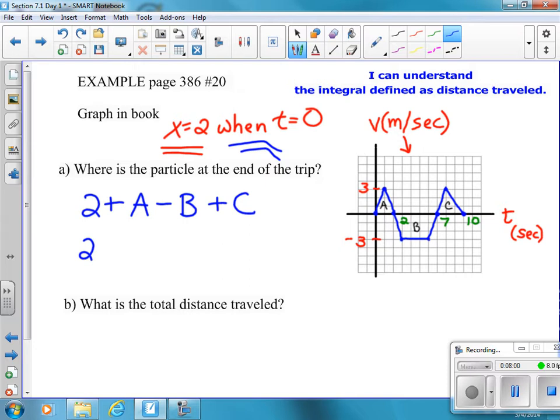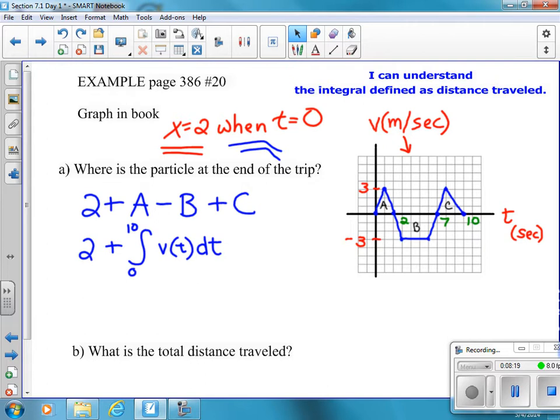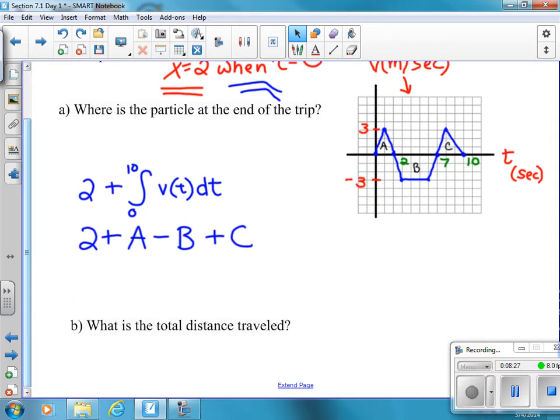So always look for a beginning position or an initial value. This could also be written as 2 plus the antiderivative, or the area under the curve, from 0 to 10, and this is how you'll see it on AP test solutions. But what you're really going to do is add the areas, like I wrote above that.